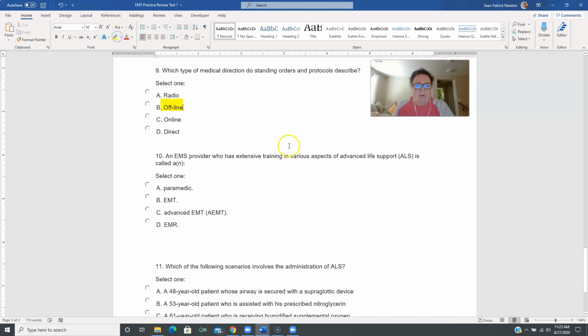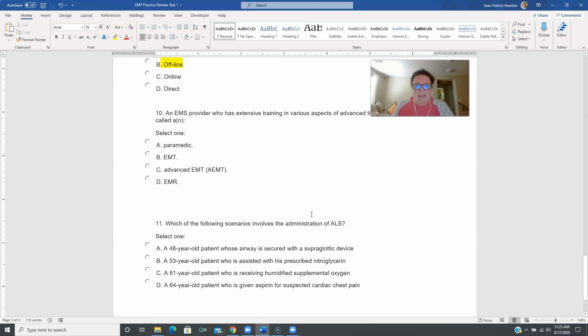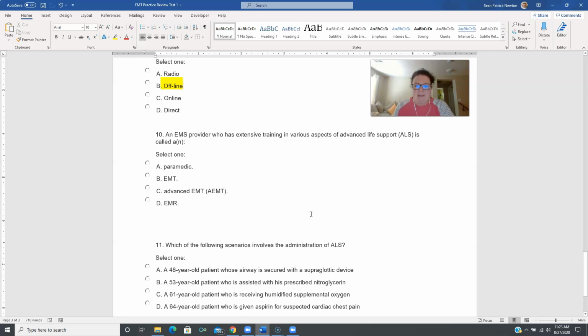So offline. Okay, an EMS provider who has extensive training in various aspects of advanced life support is called... So the lowest level of care is the EMR, emergency medical responder, from first aid and CPR, BLS. We've got an EMT, technician, which is the class that you're in. We talked about how an AEMT or advanced EMT has some additional training and some additional skills, and is usually used in rural areas, with not a lot of programs and training, at least in this area.